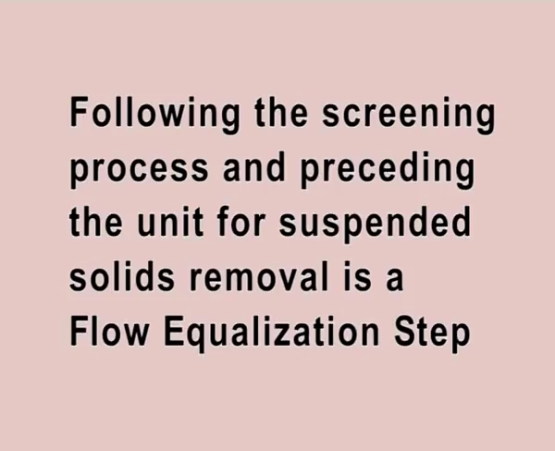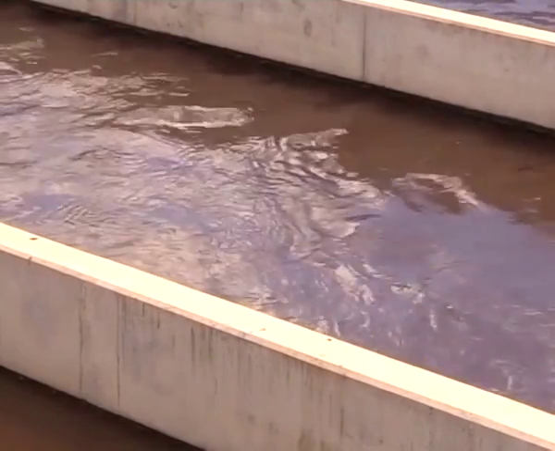So, the second one being the flow equalization. Following the screening process and preceding the unit for suspended solids removal is a flow equalization step. Flow equalization is important in reducing hydraulic and organic loading in the biological process. Equalization facilities consist of a holding tank and pumping equipment designed to reduce the fluctuations of the waste streams.